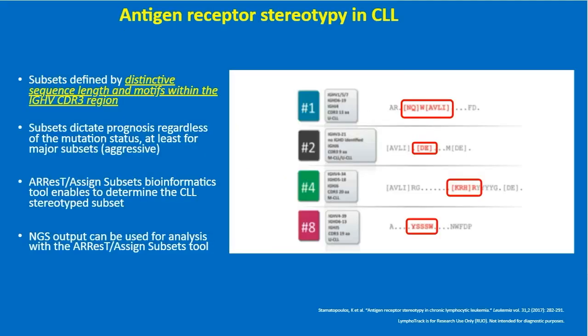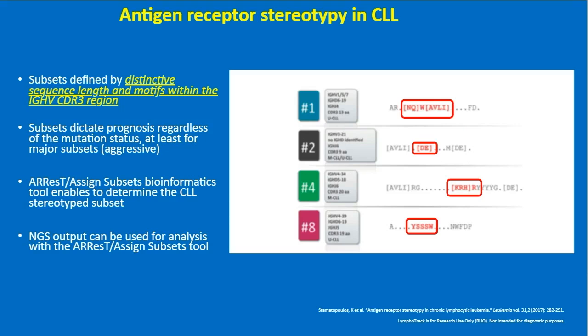As you can see here, the subtypes are defined by distinct sequence lengths and motifs within the CDR3 region. This subset actually dictates prognostic value regardless of the mutation status, in at least 4 different subtypes, which I will show you in the next slide.